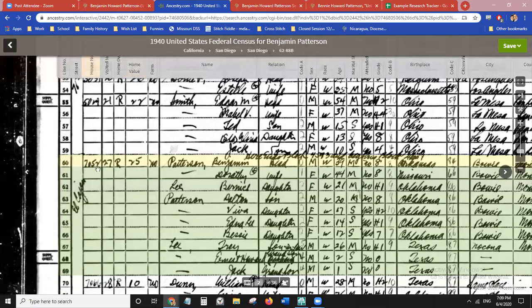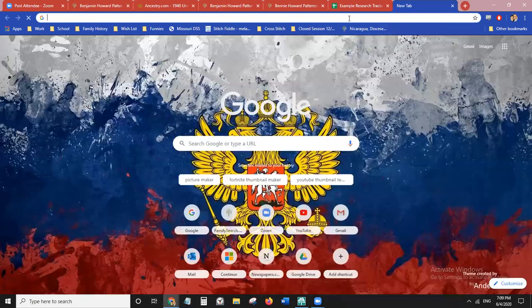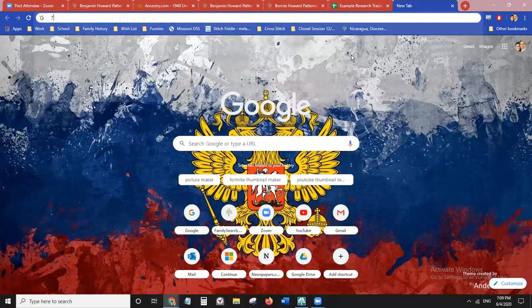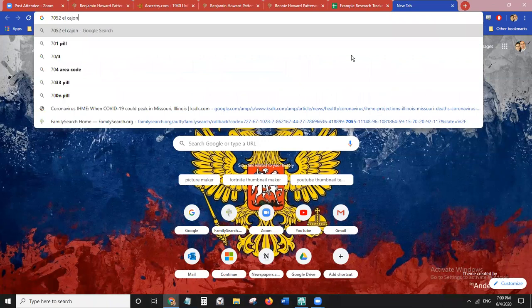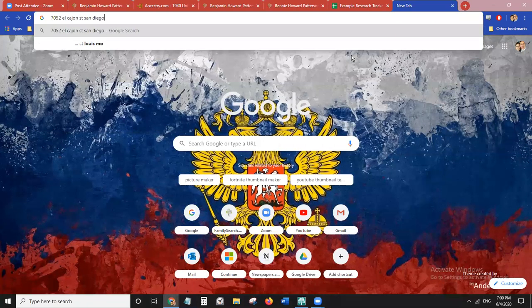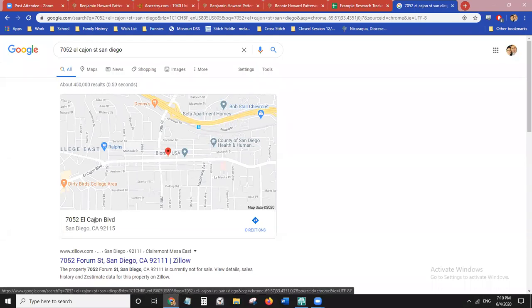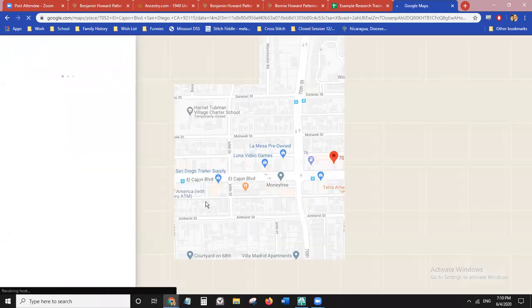So this is the house number. We could look up the house and see if it's still there. You can just do that on Google Maps. It's 7052 El Cajon Street. And sometimes something's still there.